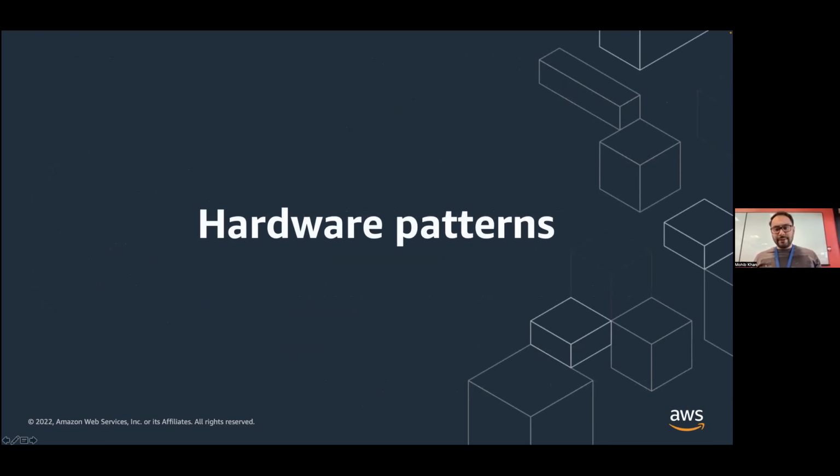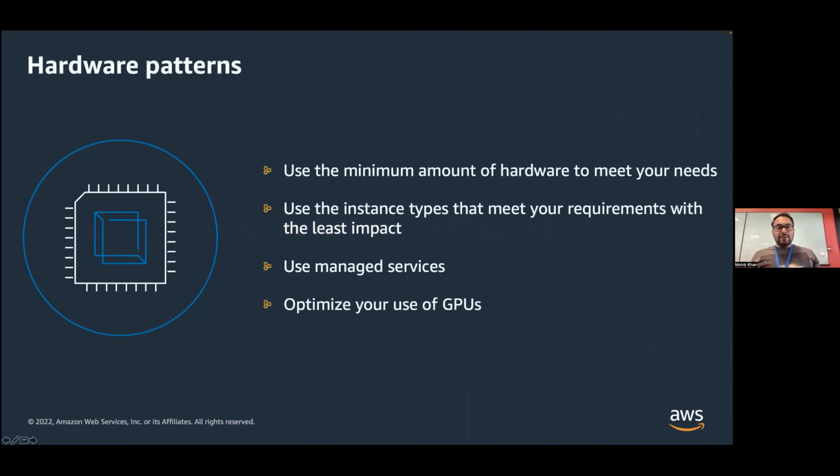The fifth one we talked about was the hardware patterns. Which type of compute or hardware resources are you going to use in order to optimize your energy efficiency? Using the capabilities of the AWS Cloud, you can make more frequent changes, and this is the beauty of cloud: you are flexible, you have elasticity, you can fail fast, and you can experiment.